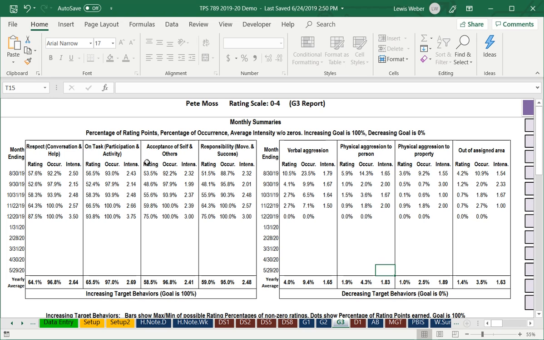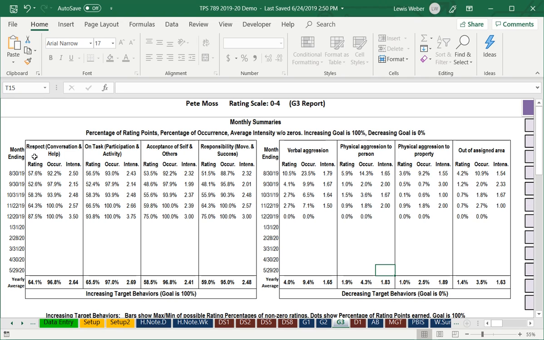So the G3 table that's at the top here is probably the single most informative table in TPS because it's showing progression over time and monthly summaries of that progression in this case. It's going to show the rating percentage, which is the percentage of rating points that have been earned during each of the recording blocks.